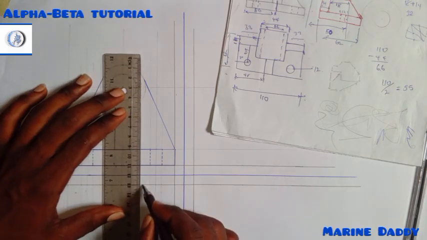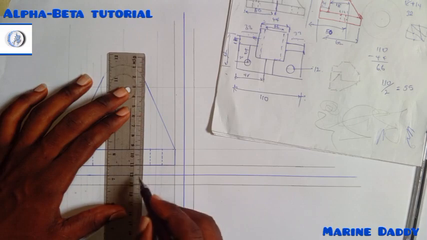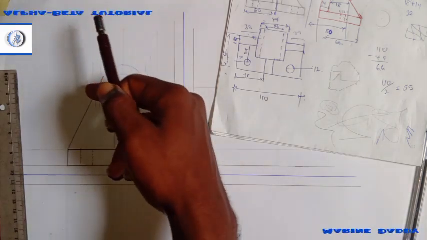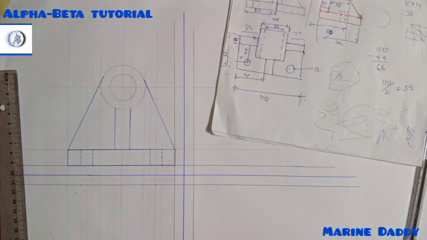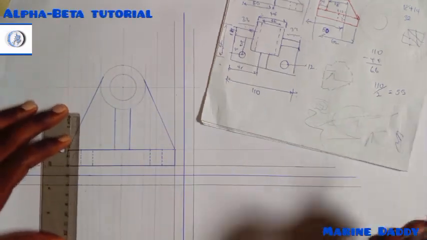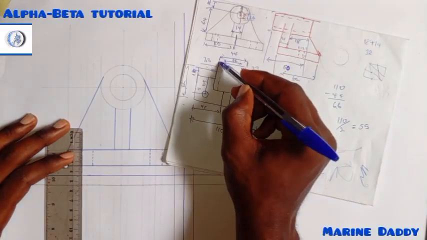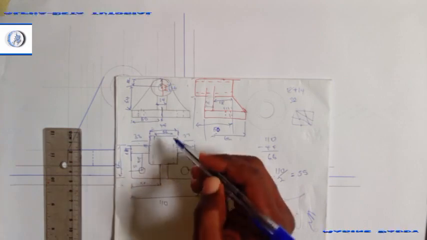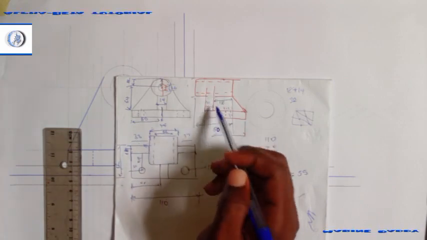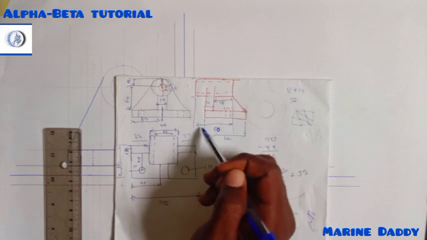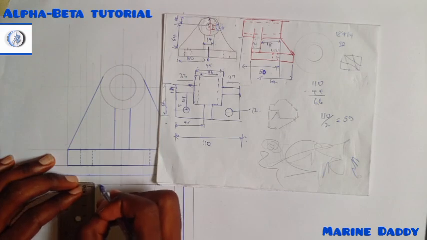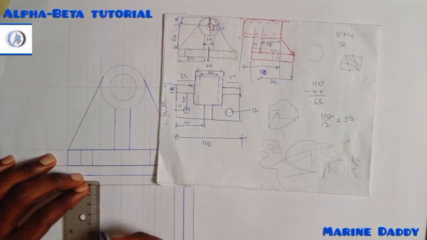Then the other one. As you can see, it's even passing slightly from this part of the diagram. So I just have to outline it. They said the length from here to this part of the diagram, according to what I'm having from the side, is 50. So I'll measure 50 from this place. 50.